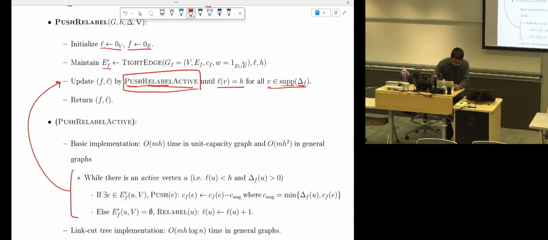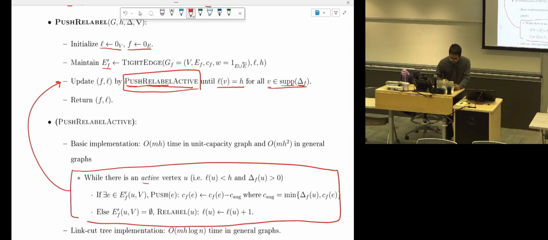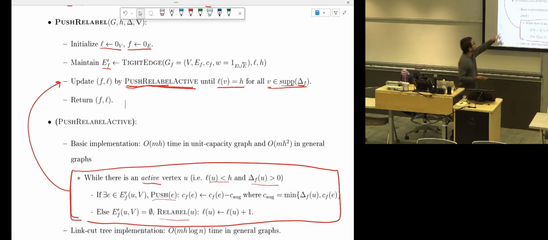So we just find an active node, which is a node with label less than h with excess, and try to push it or relabel it. I call this box push relabel active guy. I just shrink it to one line.